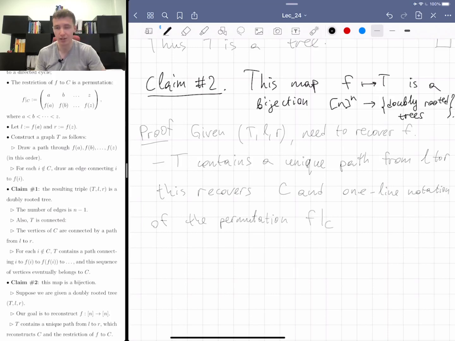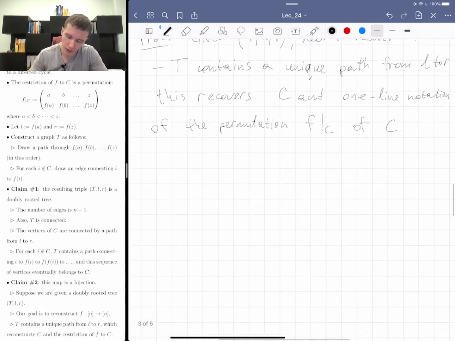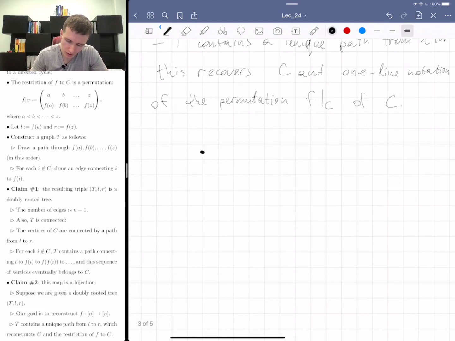The restriction of f to C is a permutation of C. So perhaps I can try some other example. I can draw a random tree.